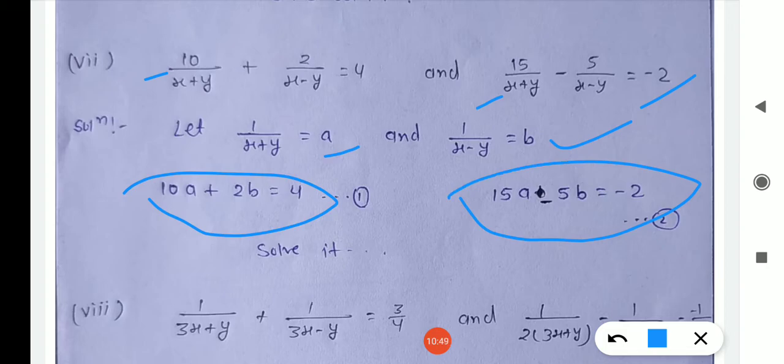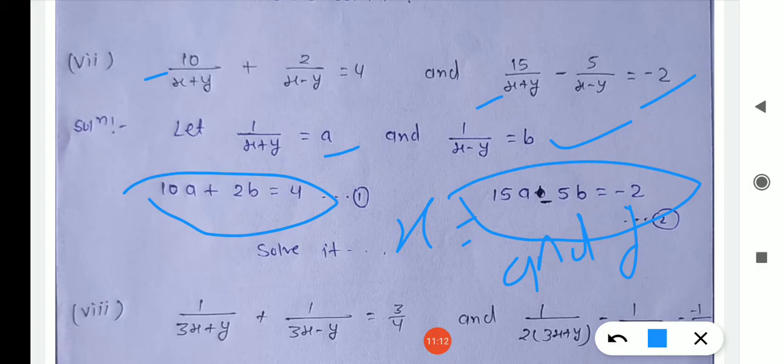Here we find the values of a and b, then again it becomes a linear equation of two variables. Then we solve this again using the elimination method, then find the values of x and y. So in questions 7 and 8, you will have to apply the elimination method 2 times.